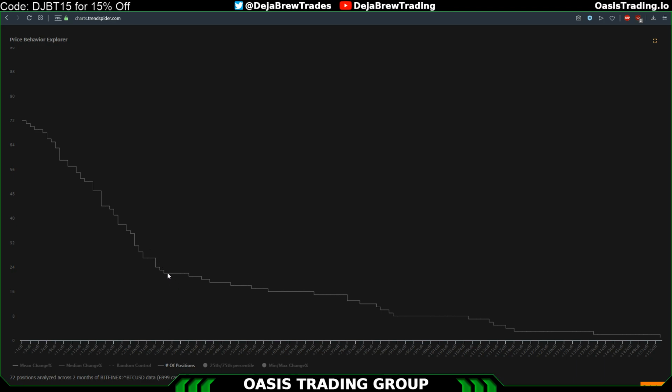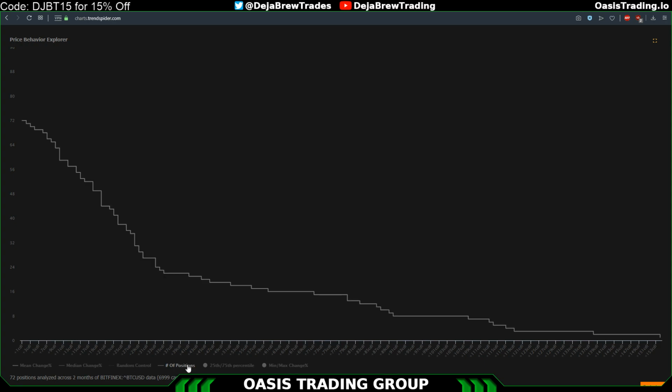You can see how it took a pretty strong drop here after 35 candles. The majority of these positions were in less than 35. And you can see most of them were closed within probably about 15. You can see a drastic drop from that first candle all the way towards that 35th candle. That just means that this strategy does not hold on to the trade for more than 35 candles on average.